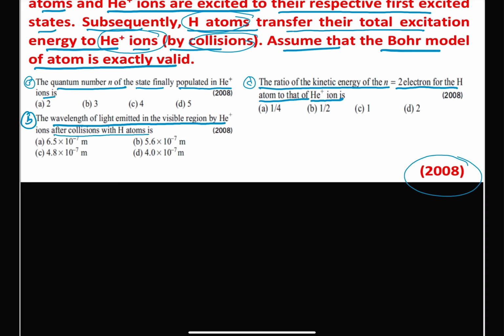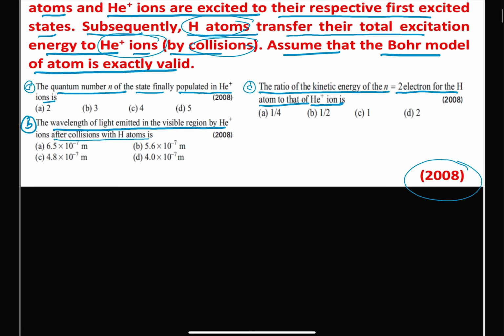So we can write that on collision, the energy, let us suppose delta E, associated with hydrogen will be transferred to the helium. Let us find out the respective energies.